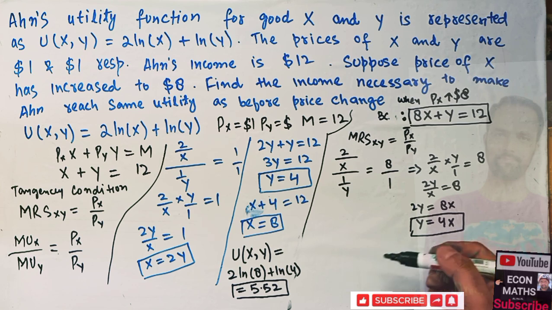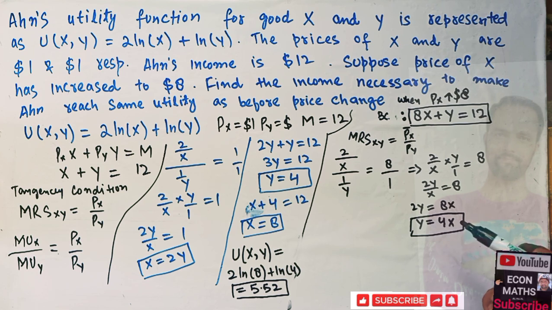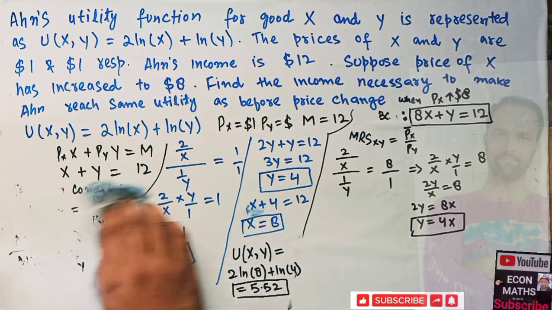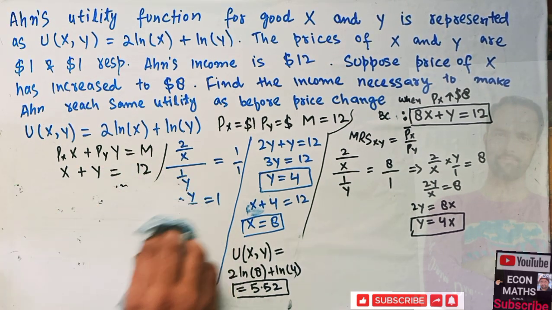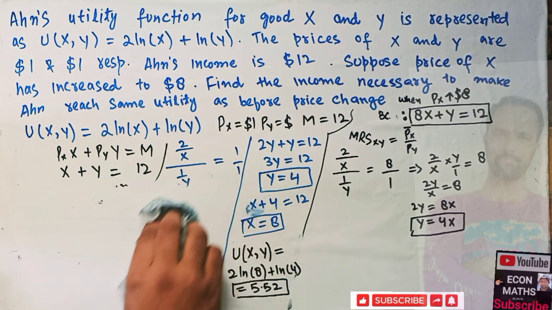Now to obtain the same level of utility as before, we just need to put the value of y equal to 4x in our old utility function. Okay, so for this let me rub this here. I hope I am making myself clear.